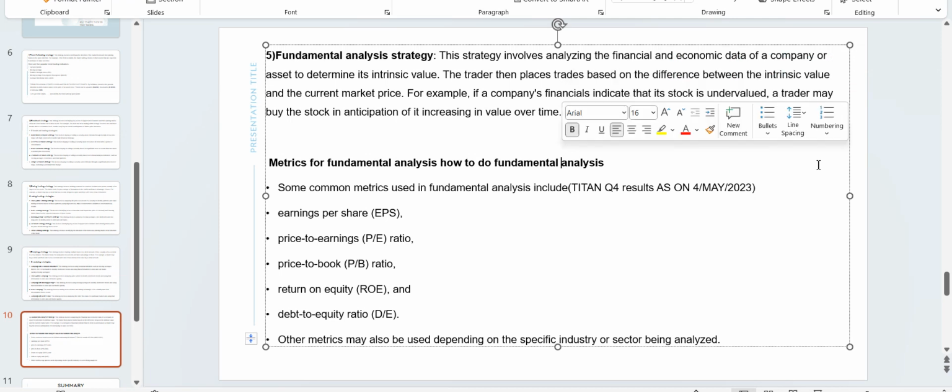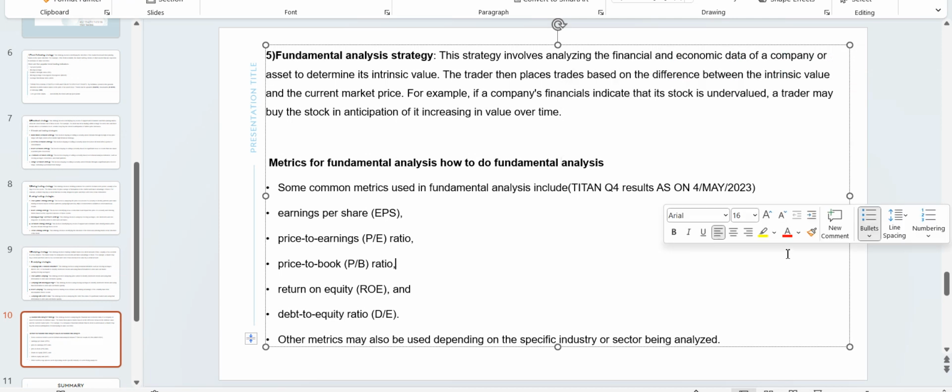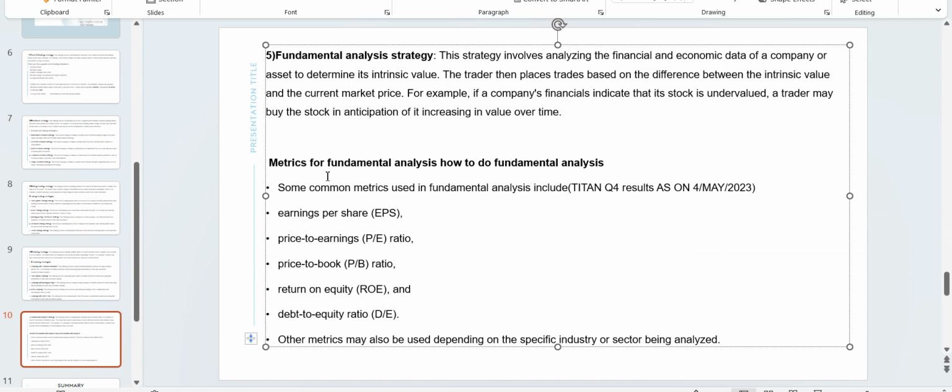Yes, this is a big definition, but the metrics for fundamental analysis are earnings per share, price to earnings ratio, price to book ratio, return on equity, and debt to equity ratio.